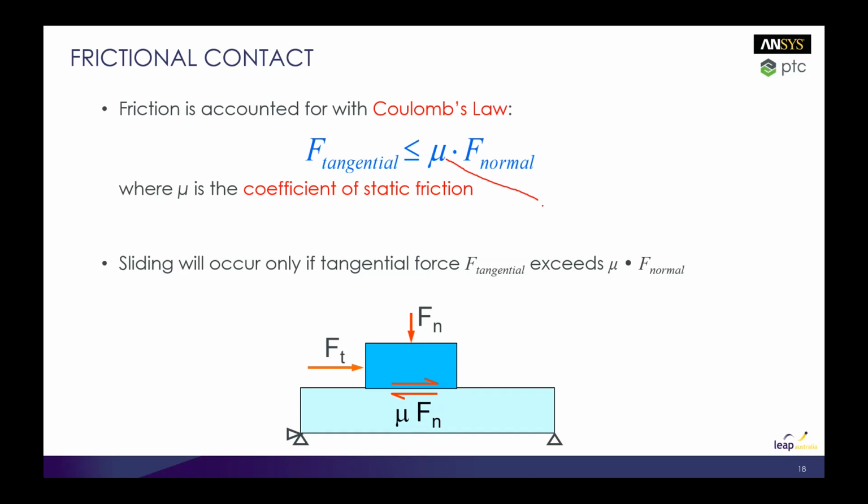It's just not exposed in the user interface. Okay, so if we do a graph of this, it's basically a straight line with the gradient being the friction coefficient.